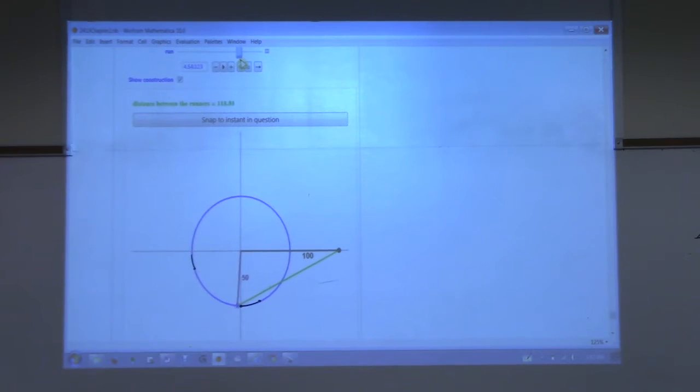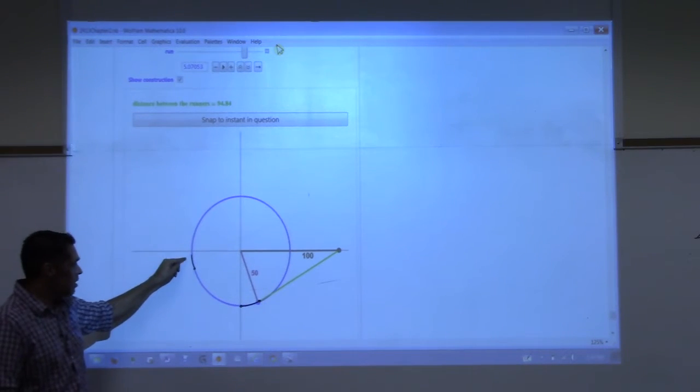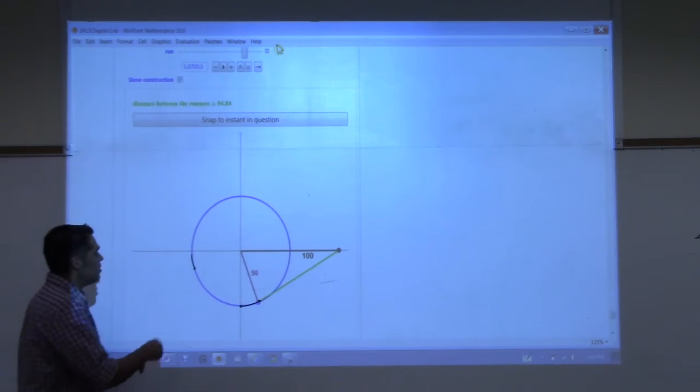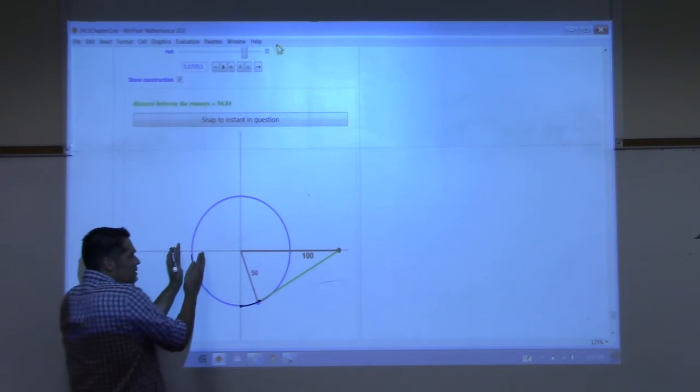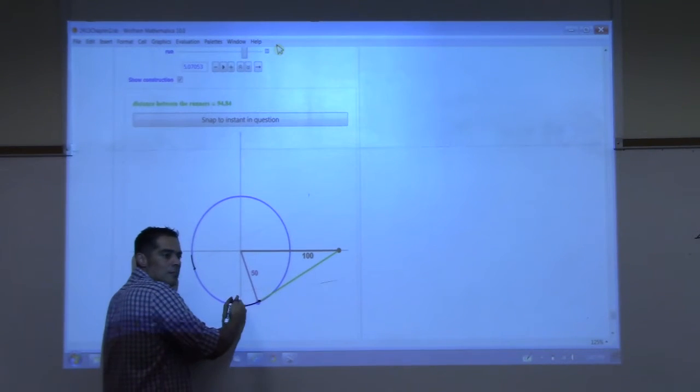But if I go from here, the distance is 112, but if I go from here to here, look, it went all the way down to 98. So in the same little segment of time, because wouldn't it take the runner the same amount of time to run this as it would this? Because they're running the same speed. So from here to here, the rate at which the distance is changing is small. From here to here, the rate at which the distance is changing is big.